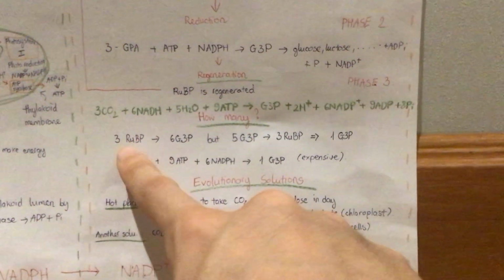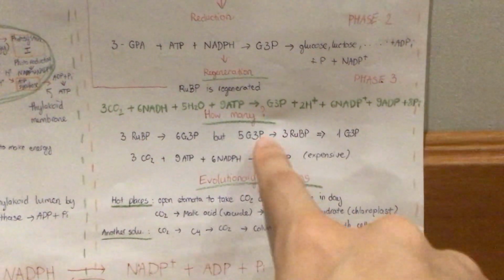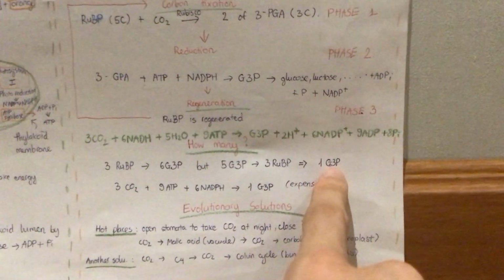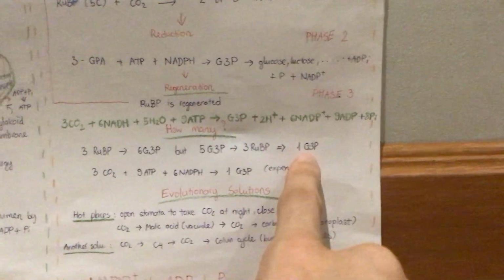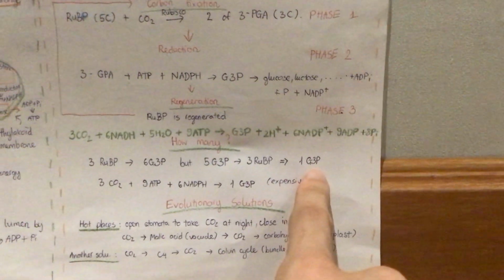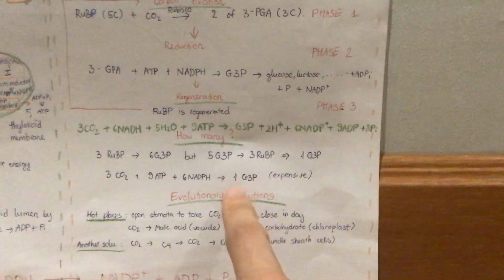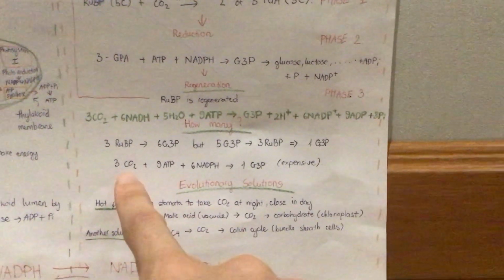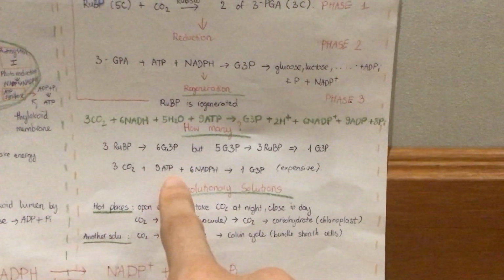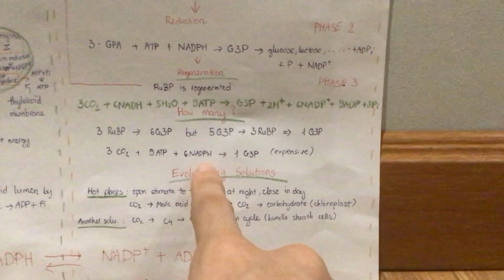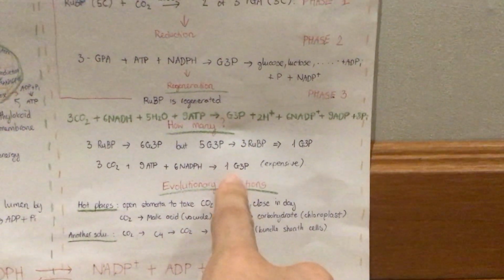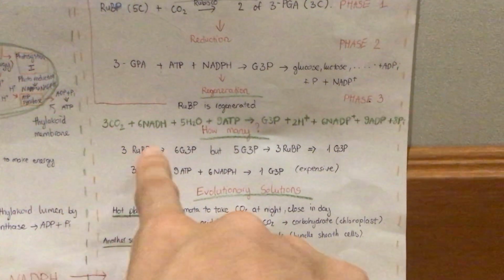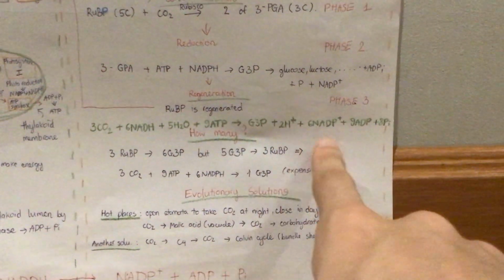So the plant will have the RuBP to make G3P again. So the result is that it only gets 1 G3P out of this process. Overall you need 3 CO2, 9 ATP, and 6 NADPH to make only 1 G3P. So this is expensive. Here you can see the equation.